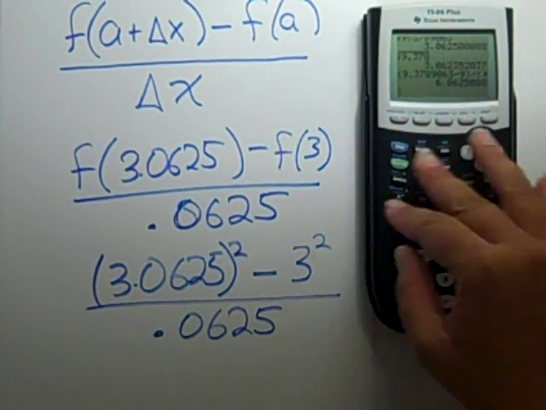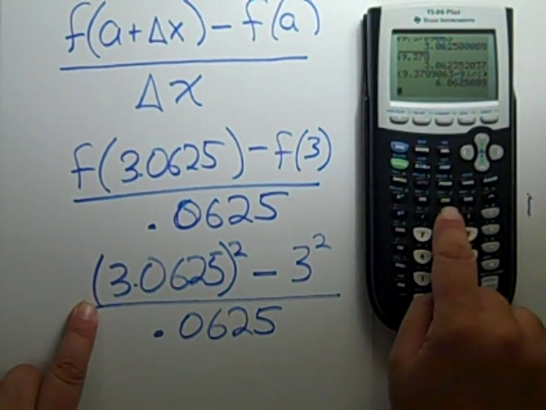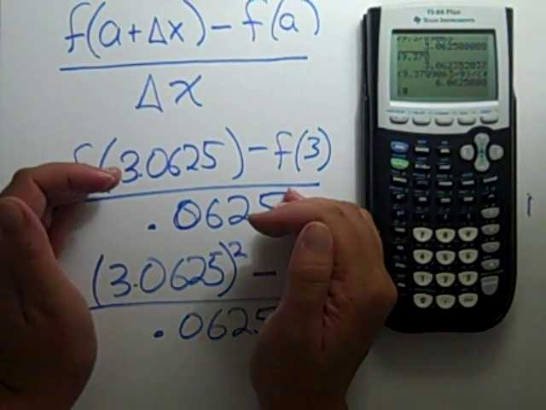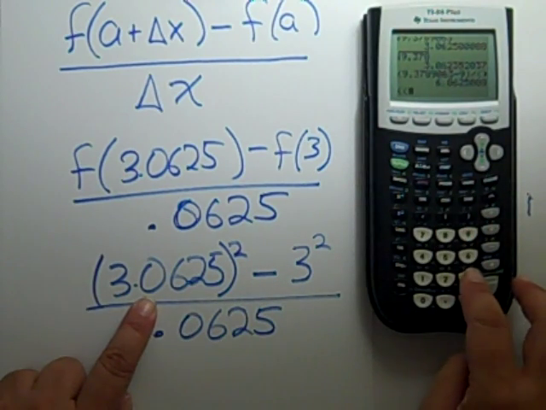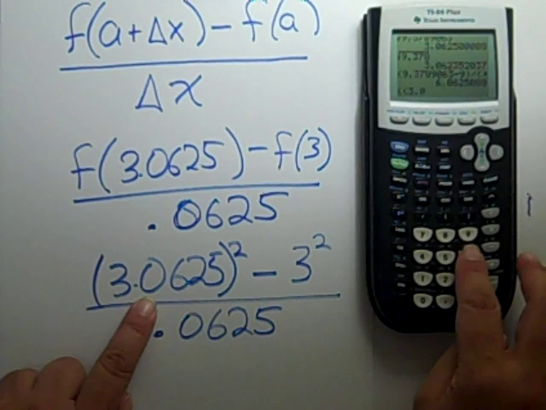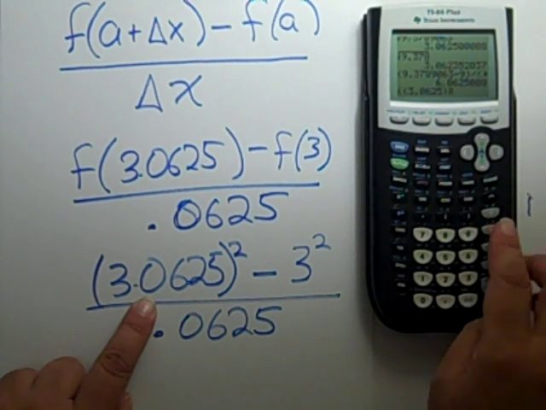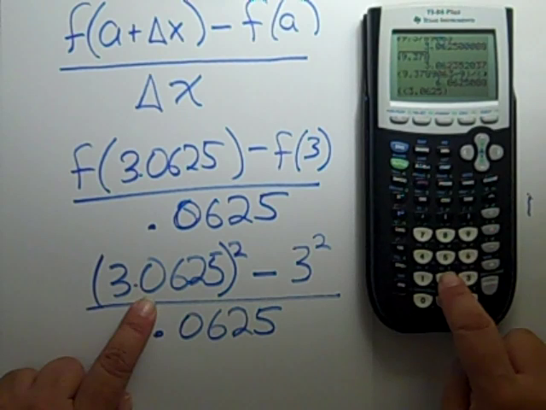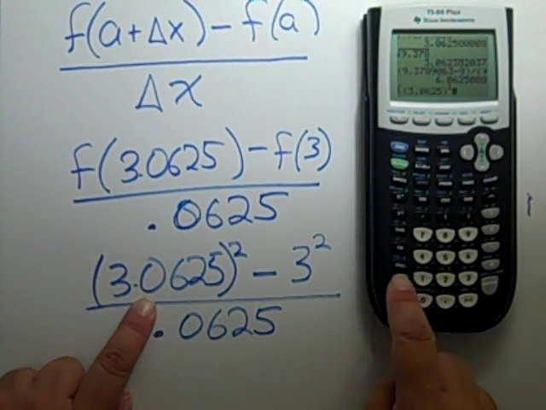So I'm going to hit second quit to get out of the graph. I'm going to need double parentheses here. So the first set of parentheses is for my whole numerator, and then I'm going to parenthesize this. So I get another parentheses, 3.0625, parentheses. I could use this little triangle squared, but I like hitting this x squared button. It raises anything to the second power.